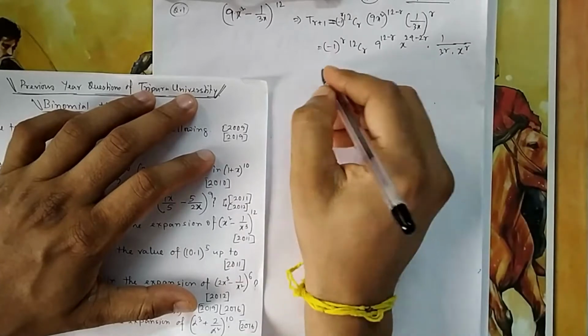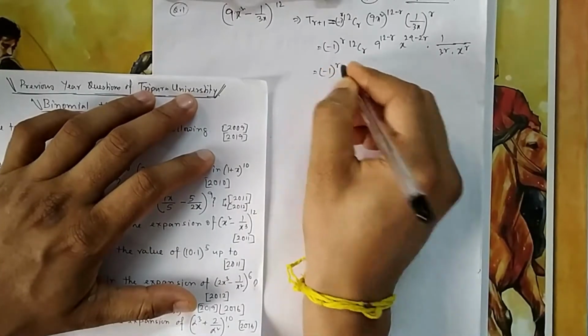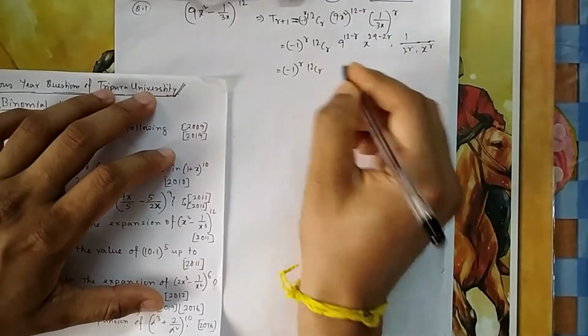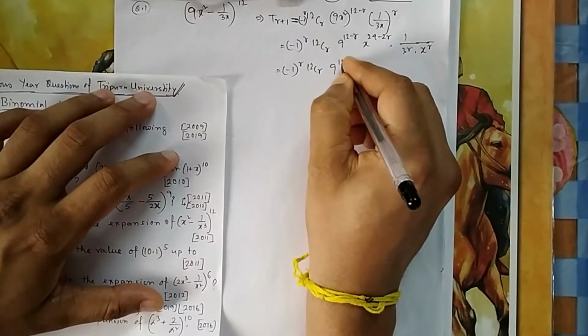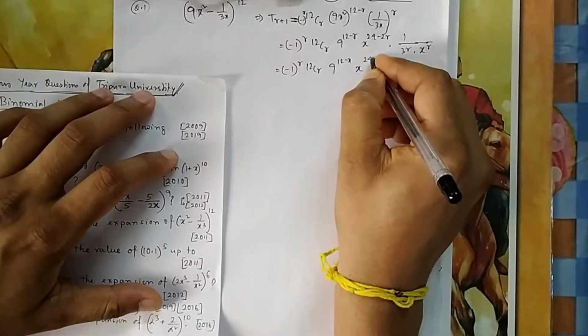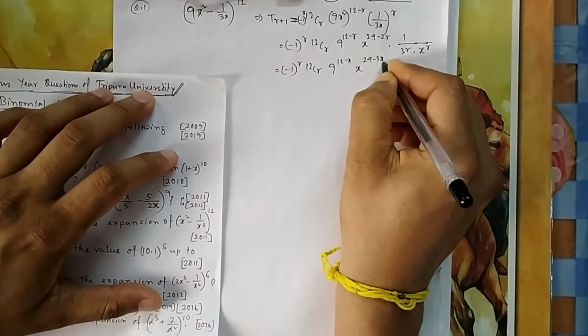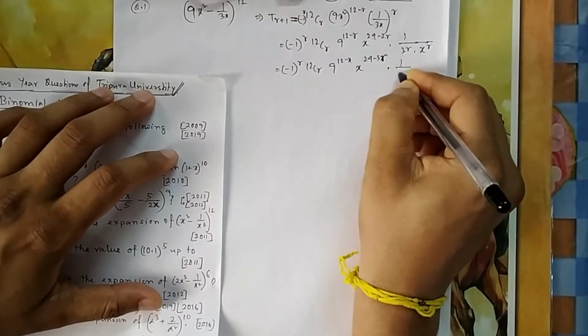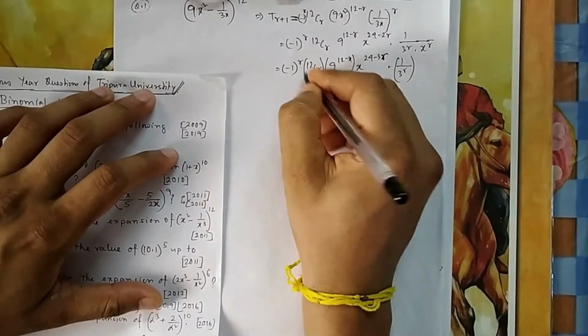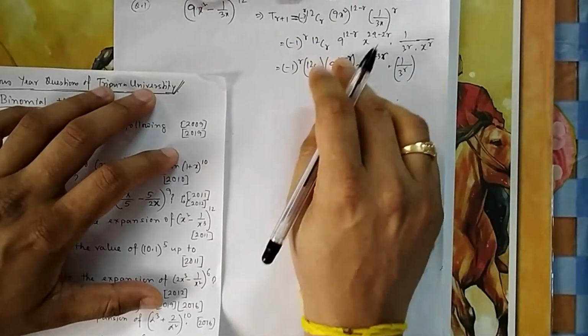We look at the coefficient of only x, because we need the power of x to be 0. So the power of x is 24 minus 2r minus r, so it will be 24 minus 3r, and it is 1 by 3 to the power r. Don't get confused between my r and x.